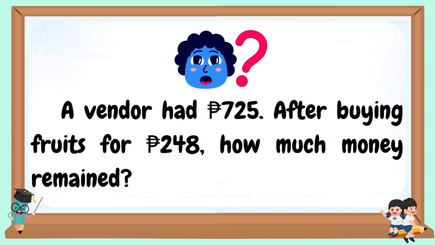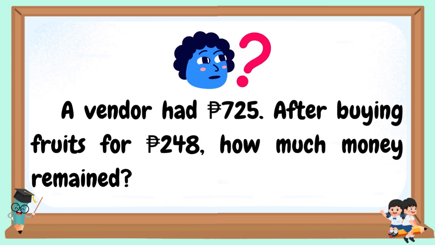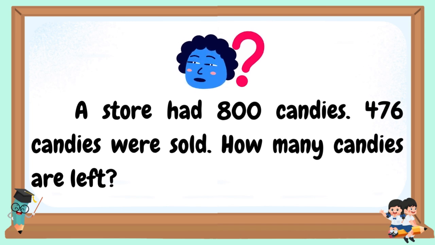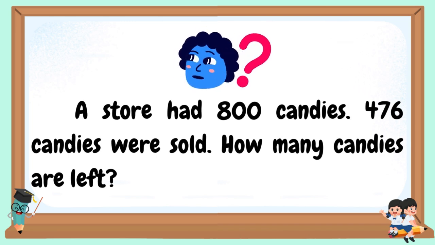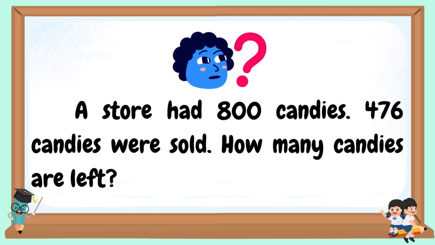A vendor had 725 pesos. After buying fruits for 248 pesos, how much money remained? A store had 800 candies. 476 candies were sold. How many candies are left?